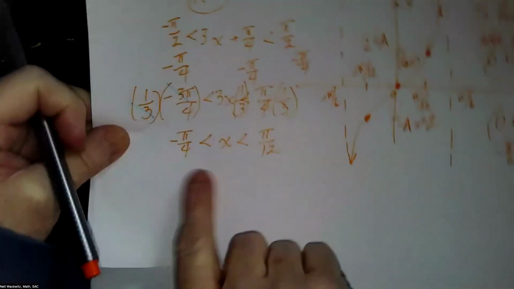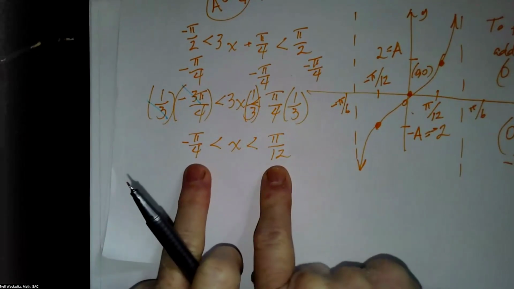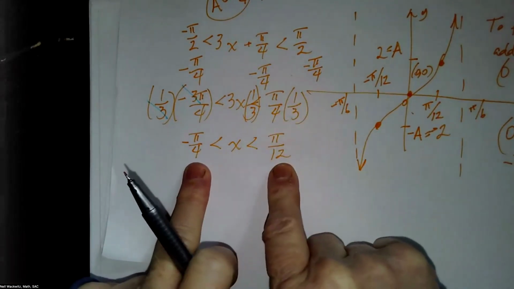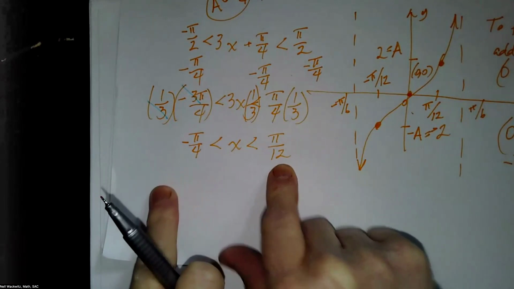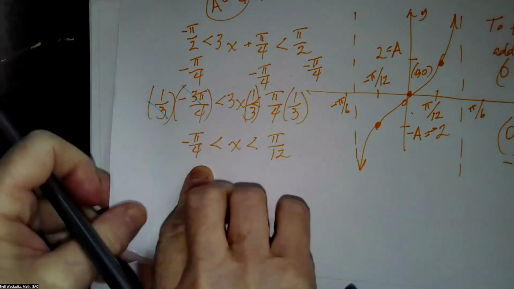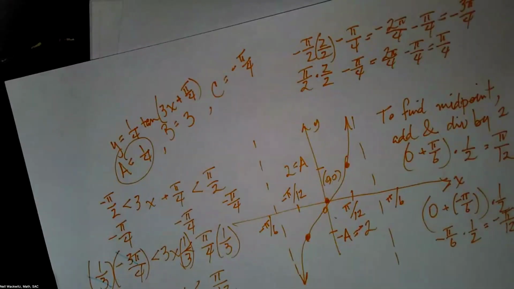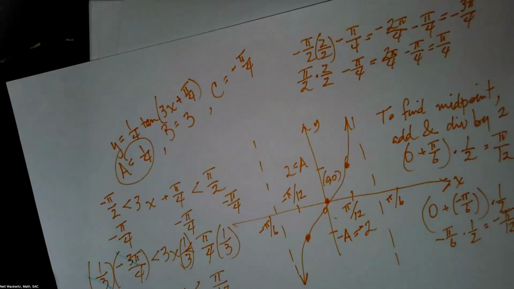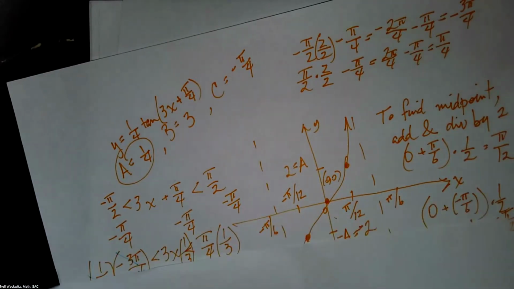Let's remember that we've got our two vertical asymptotes. The one on the right is pi over 12, and the one on the left is negative pi over 4. And that's why I stopped. Where did I even have it? The graph just went to the floor, so I'm going to sketch it again.